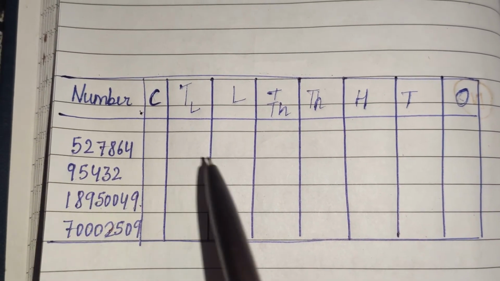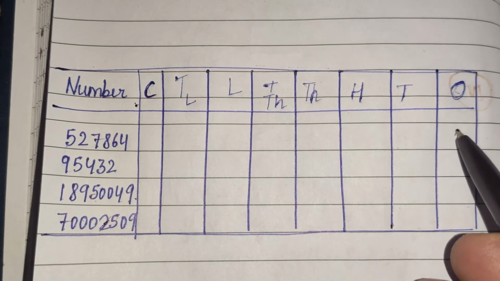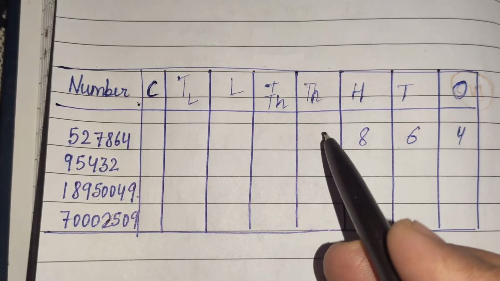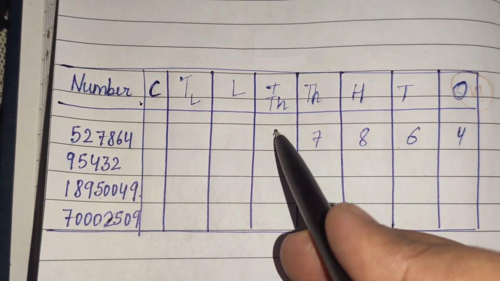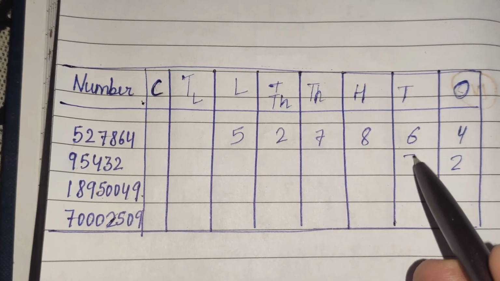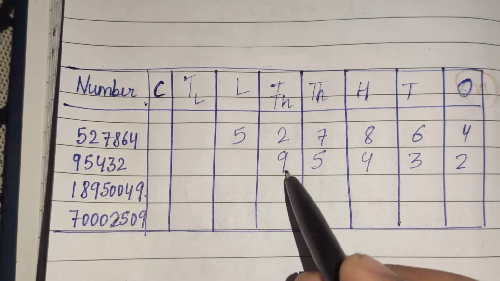Now we will write these numbers from the last, means from ones. 4, 6, 8, 7, 2, 5. Then 2, 3, 4, 5, 9.